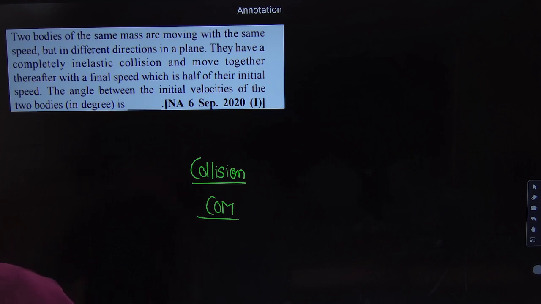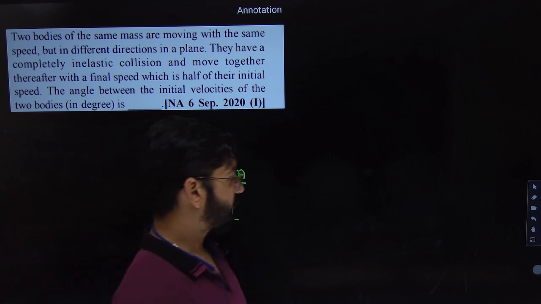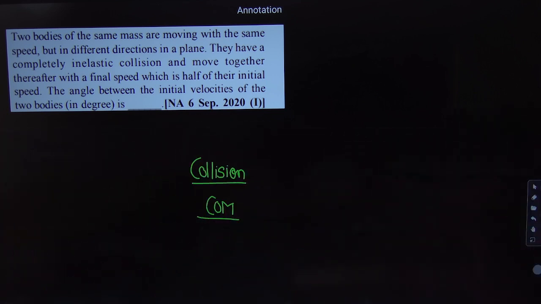So all of you copy this question. First problem of collision. First question of collision. We'll discuss the theory also quickly.